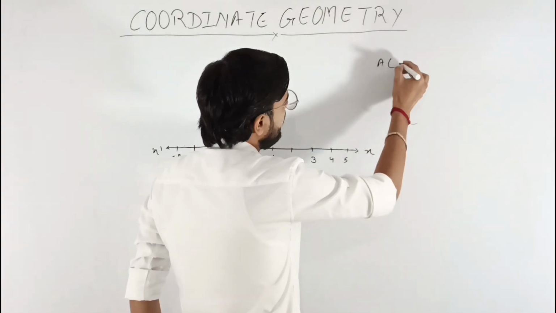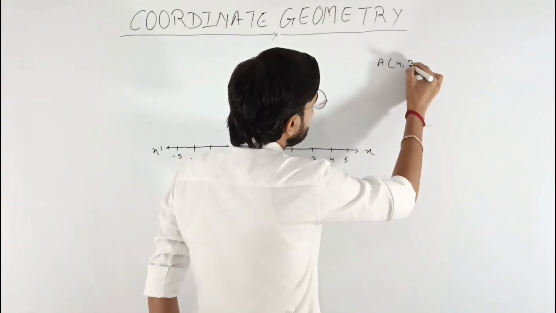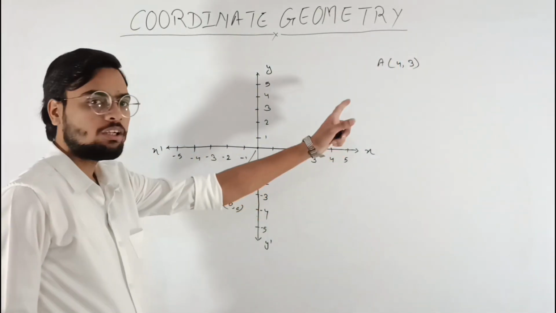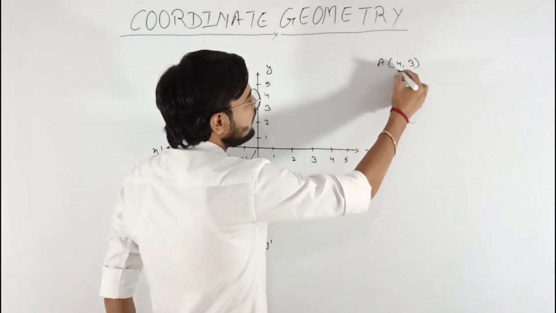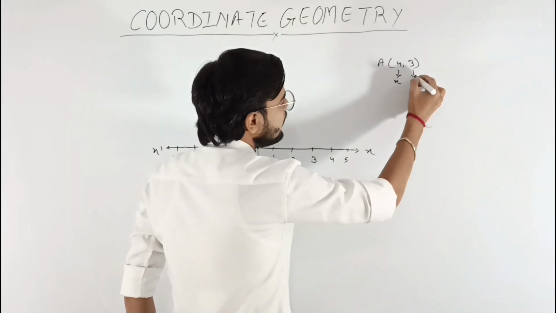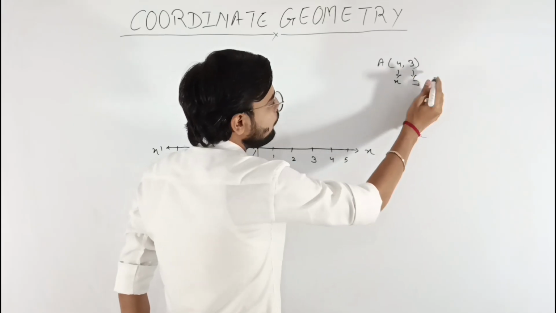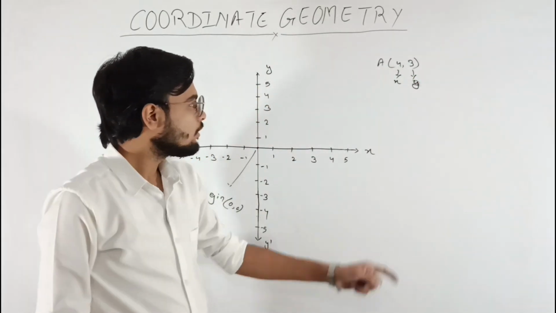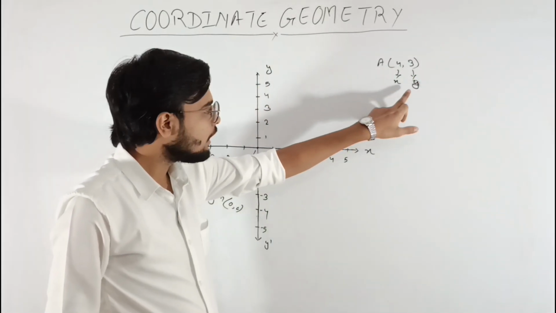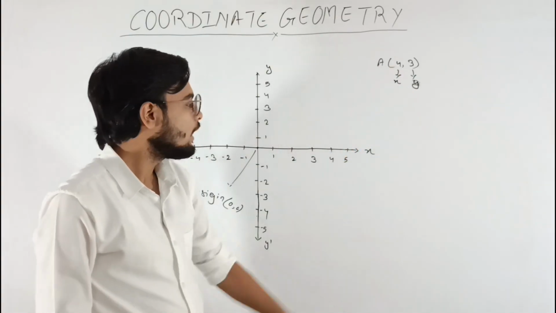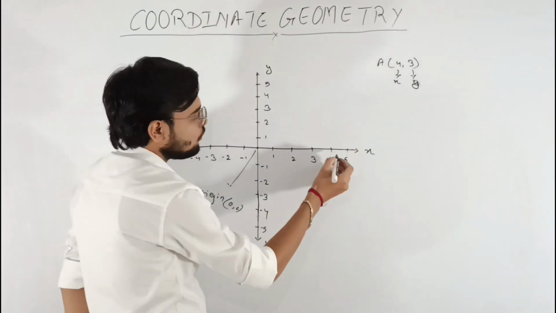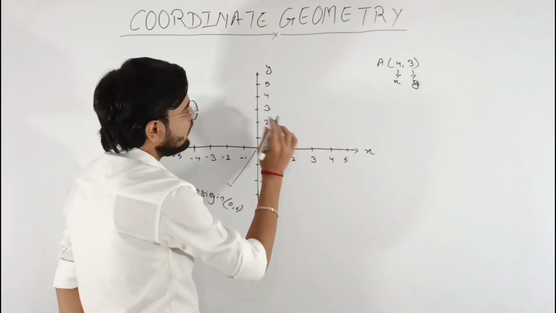Suppose I have a point A (4, 3), and we have to represent this on this plane. In this point, 4 is the x coordinate and 3 is the y coordinate. We first write the x coordinate, then the y coordinate. So x is 4, so 4 is here, and y is 3, so 3 is here.